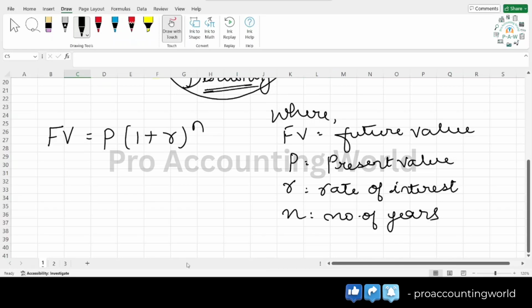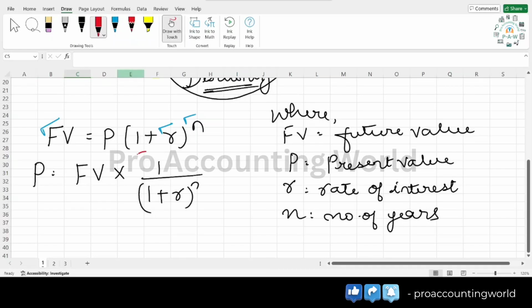So guys, if you twist this formula, if you have the future value, you have R, you have N, you will get the present value. So P is equal to future value into 1 divided by (1 plus R) raised to N. I'm just twisting the formula.